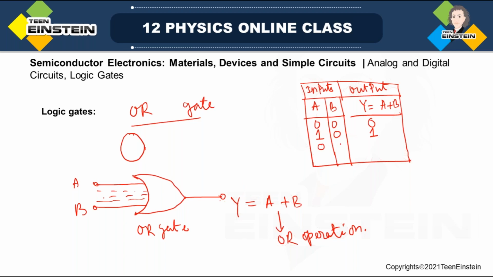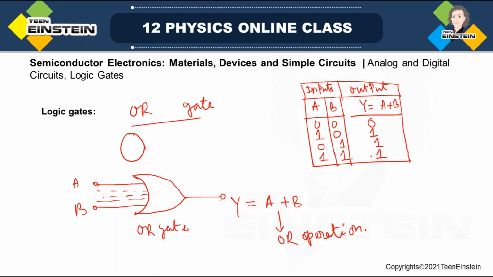Similarly, if this is 0, this is 1, then also we'll get output as the high level. And if both are 1 and 1, then also we'll get output. So here OR means if either of the inputs is at high level, then your output will be at high level.